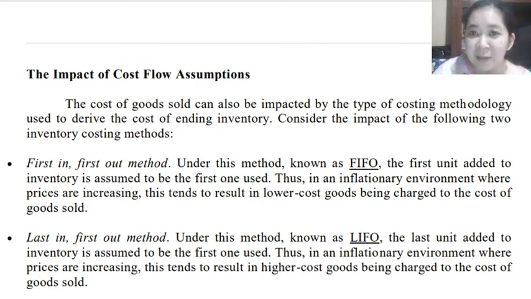In this type of inventory costing method, the impact in an inflationary environment where prices are increasing tends to result in lower cost being charged to the cost of goods sold, because when the items were first produced, the cost was low, and the next inventory that will be produced will cost more than the first one because we are in an increasing price trend.